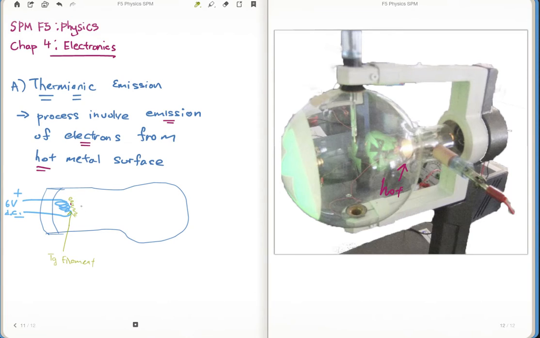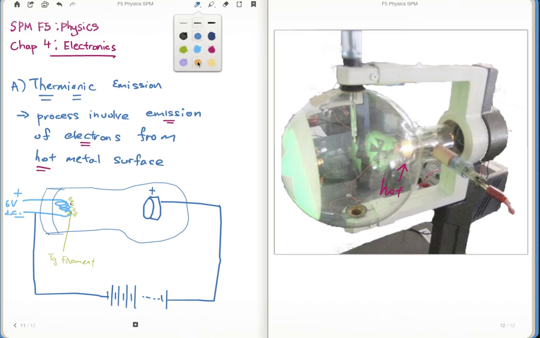Then what happens next is the other side is subjected to a really high potential, and then you have the anode side. Because of this high potential, we easily talk about perhaps 400 to 600, let's say about 400 V DC.